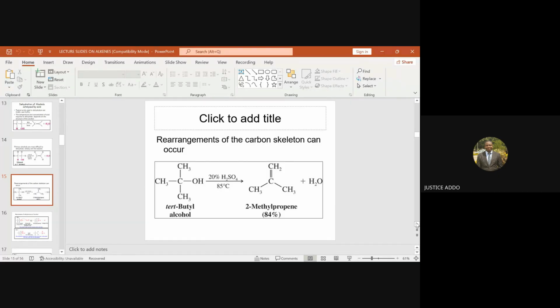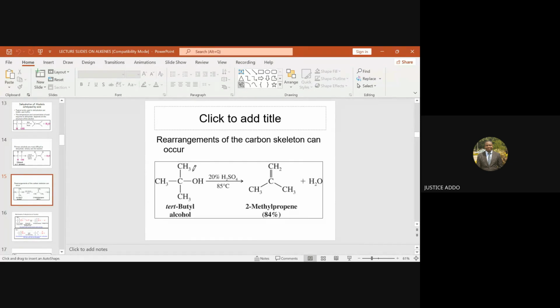But tertiary alcohol, like the one you see on the screen, tert-butyl alcohol, we are not doing alcohols at this level. In your semester 2, I'll be back teaching you organic chemistry 2, where we'll start with the alcohols, and I will give you more information about the classification of alcohols and what have you. But what you see here is a tertiary alcohol.